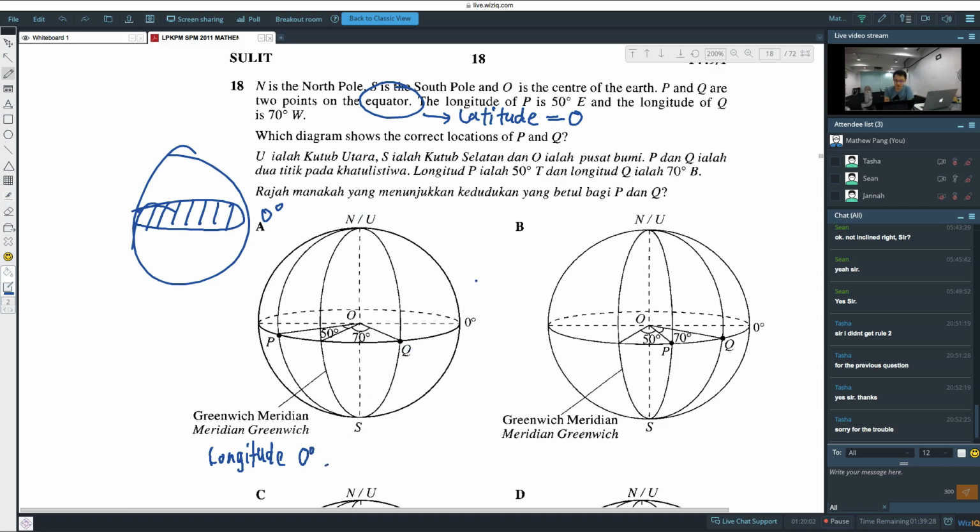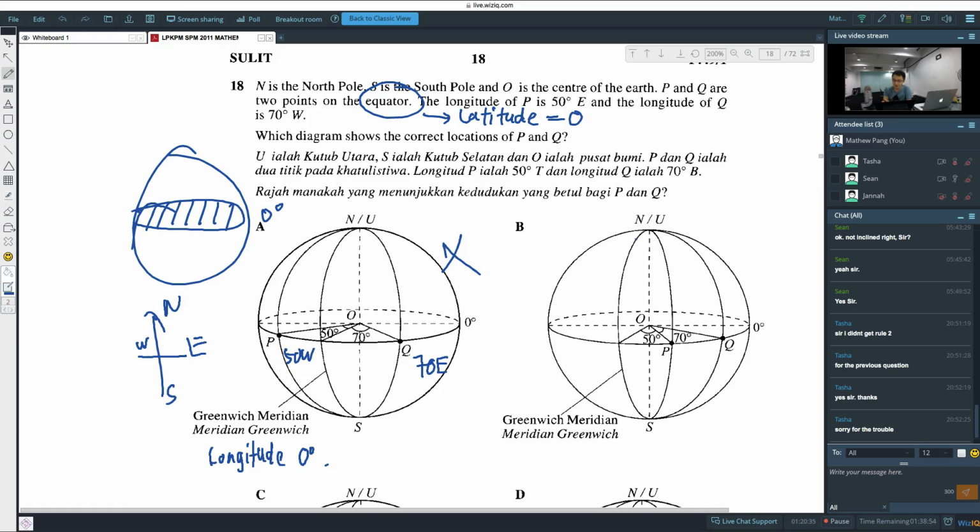This is north, east, south, west. If Greenwich meridian is here, Q is 70 degrees to the east of it, so Q in this case is 70 E. And P is due west of the Greenwich meridian, so P will be 50 west. So obviously this is not the answer, because P is 50 E.